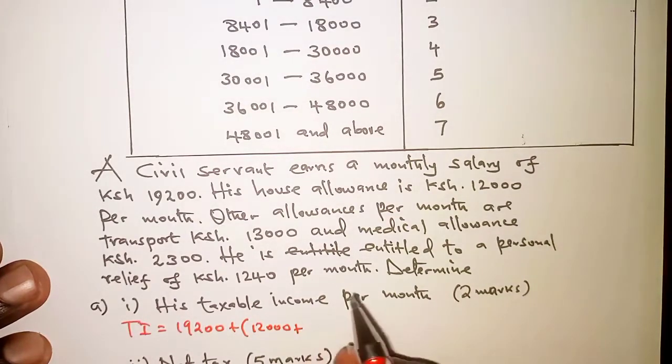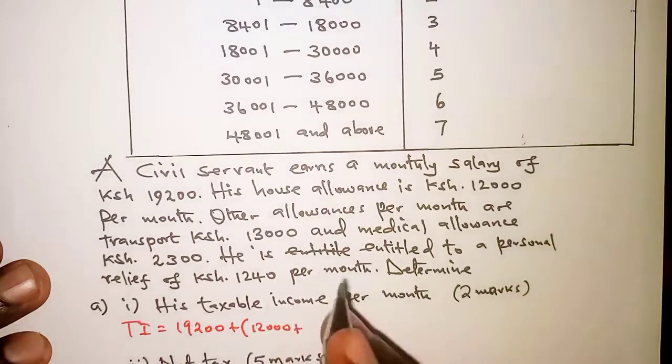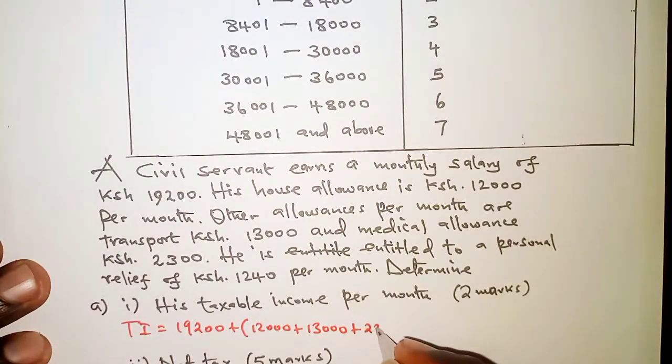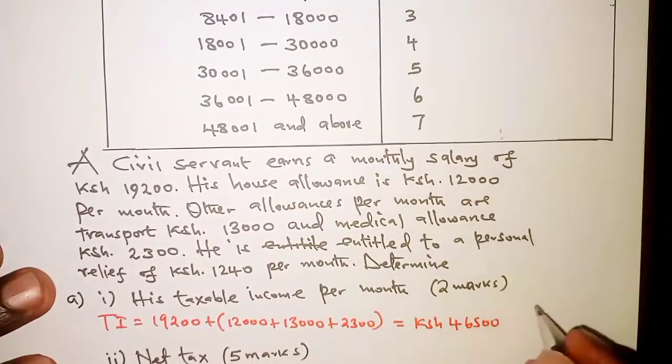We add that to transport allowance, which is 13,000. And then we also have medical allowance, which is 2,300. When we add all these, we should get 46,500 shillings. And remember, this is per month.